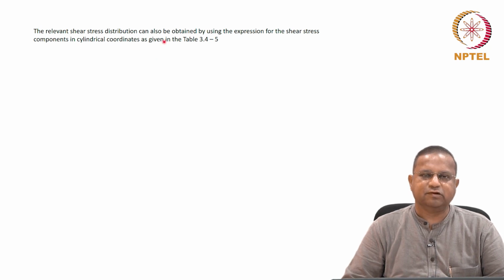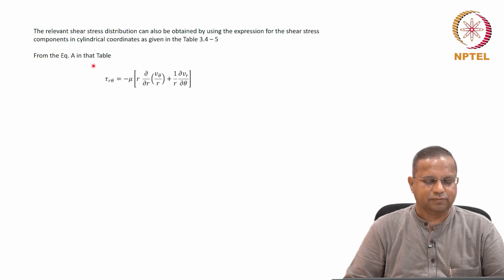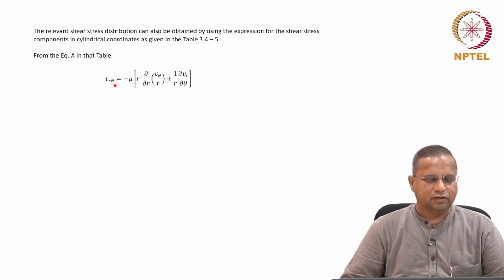The relevant shear stress distribution can be obtained using the expression for shear stress components directly in cylindrical coordinates given in table 3.4-5. So from equation A, go and look at that table. Tau r theta is what we are looking at. You could see the direction of action, the direction of motion.